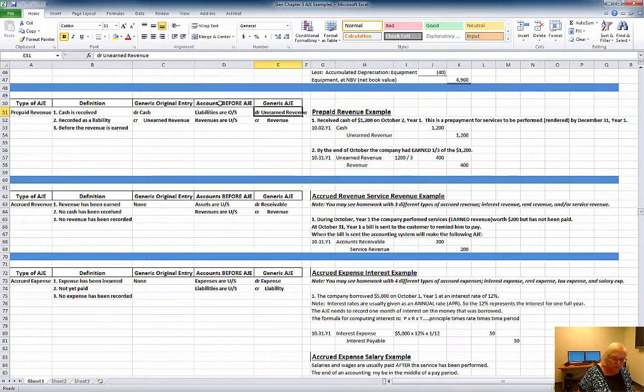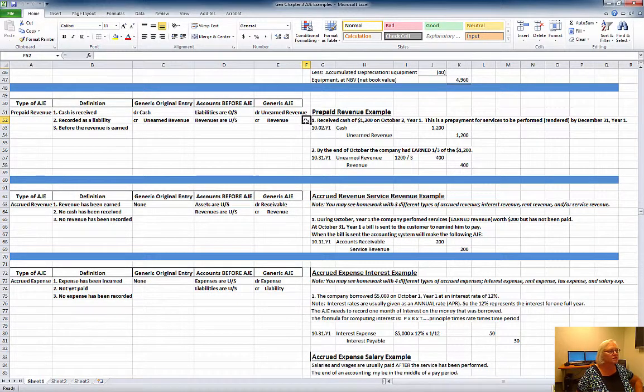If we do not make the adjusting entry, our revenues are understated because we never recorded them. So our adjusting entry is going to debit unearned revenue, a liability account, and it's going to credit revenue, which is a revenue account.